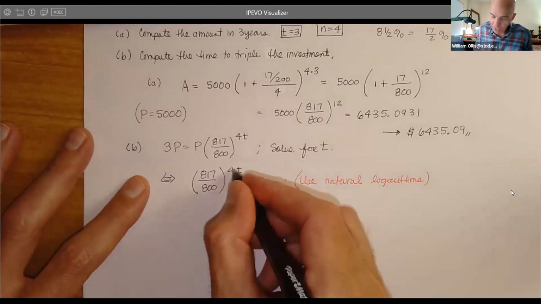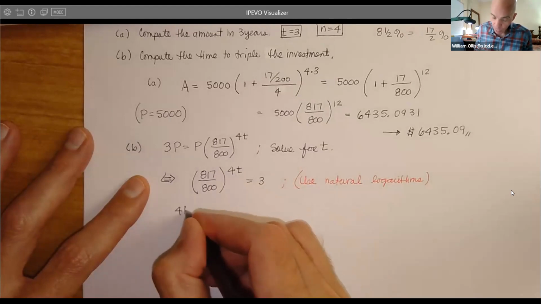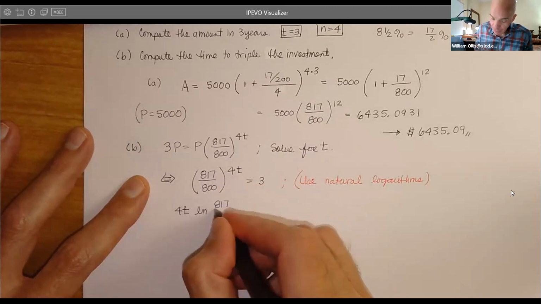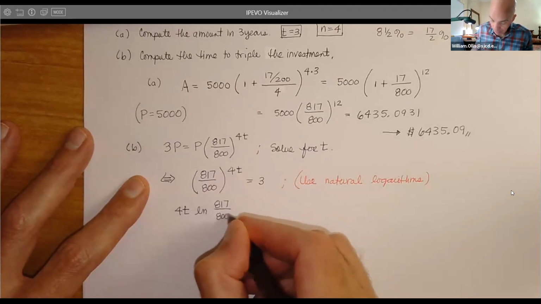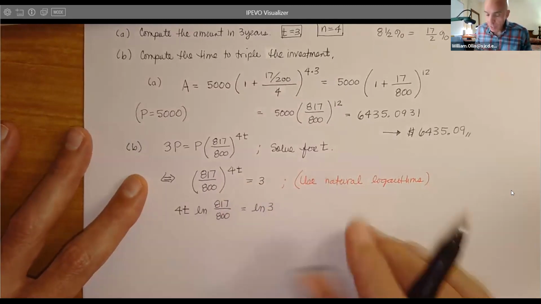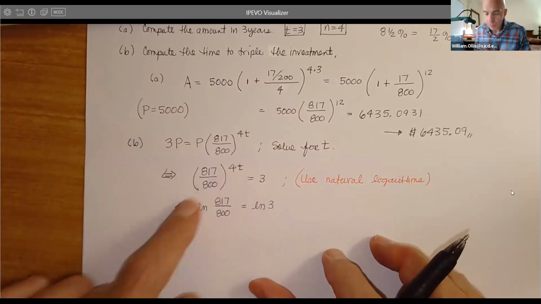Bring the 4t down, take the natural log. So this will be 4t, by the power rule, times the natural log of 817 divided by 800, equals the natural log of 3. When we take the natural log, the 4t, which is the power, becomes a factor.